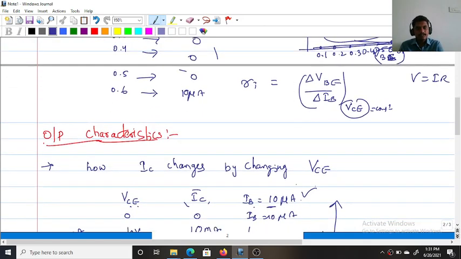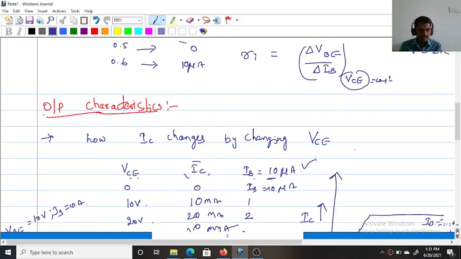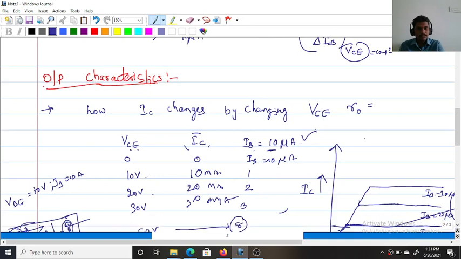This is about the input characteristics, input resistance. What about the output resistance? R naught is equal to output voltage by output current, that is delta VCE by delta IC, keeping IB constant.